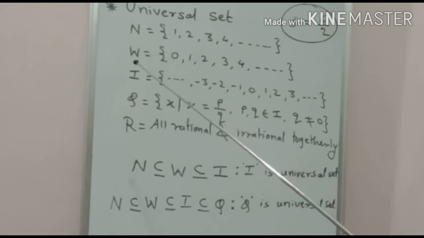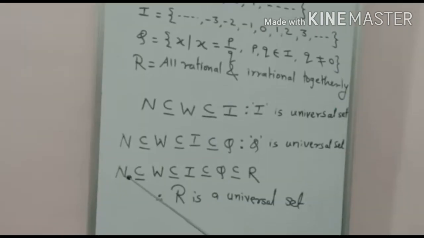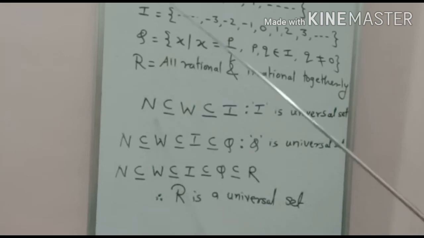N, W, I and Q, all elements are in set R. So we write N is a subset of W, is a subset of I, integers, is a subset of rational numbers Q, and all 4 sets are subsets of the real numbers. And in these 5 examples, now R becomes the universal set.